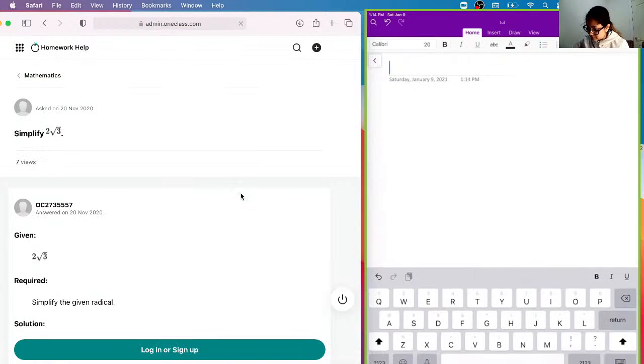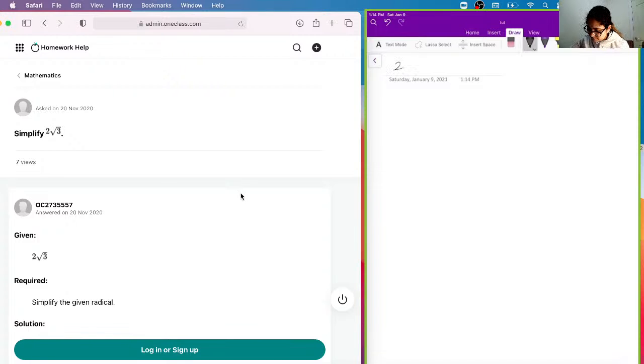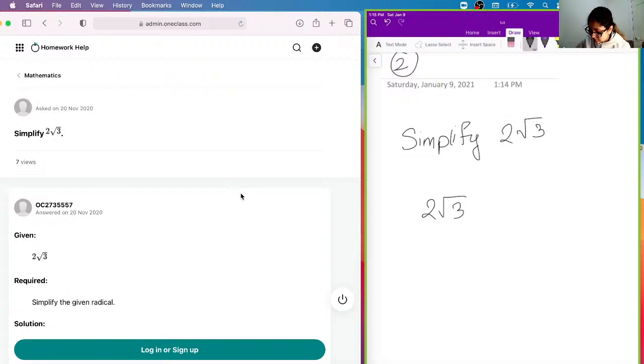Our next one says simplify 2 root 3. Okay, so 2 root 3, this is a radical.